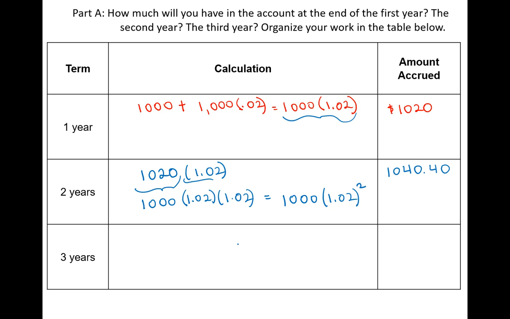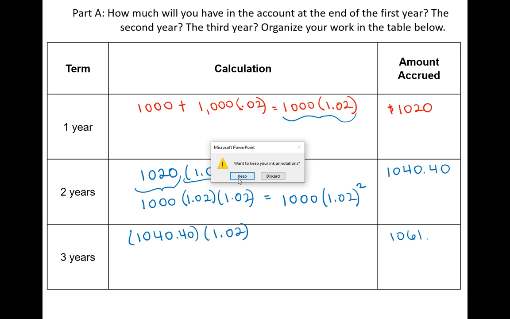All right, what about another year? Well, now we're going to have $1,040.40, and that's going to earn that 2%. And that is going to be $1,061.21 if I round it.